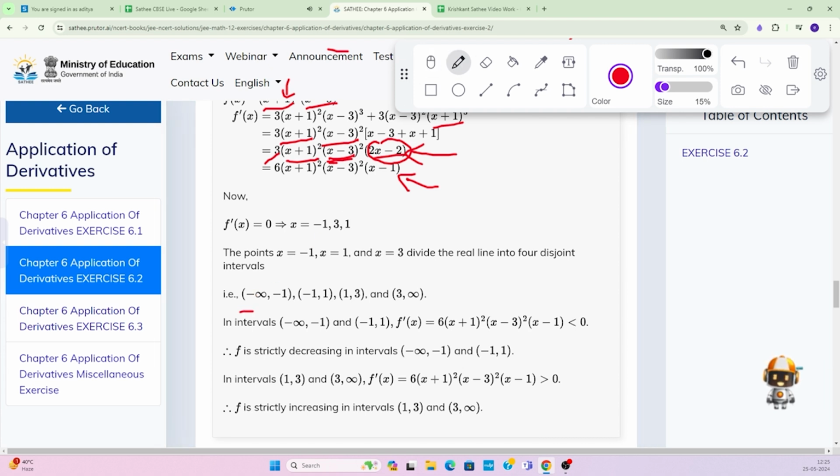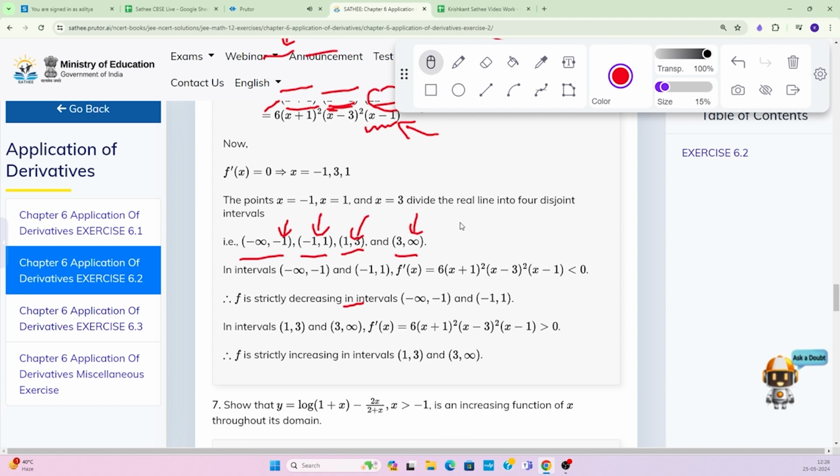In the intervals where we get x greater than 1, the function is increasing, and in the intervals where we get values less than 1, I will get a decreasing function. I hope that it is clear to you.